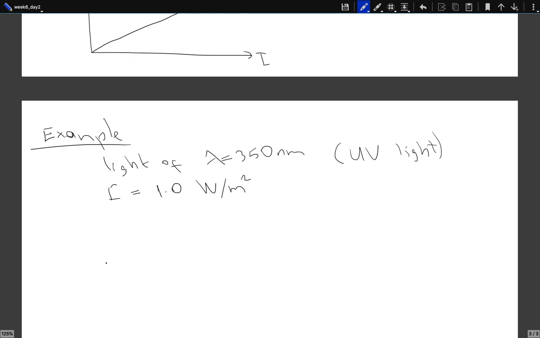So what is the total power falling on an atom? How much energy falls on a single atom per second? What is the area of an atom?